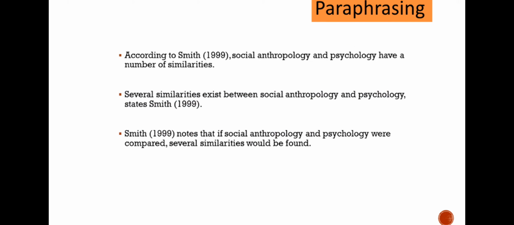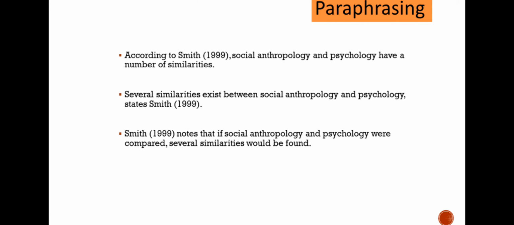Again, here we look at some examples of in-text citation, how it's done when sentences have been paraphrased. So according to Smith, the Smith is part of the sentence, so only the year is in between round brackets. Social anthropology and psychology have a number of similarities.